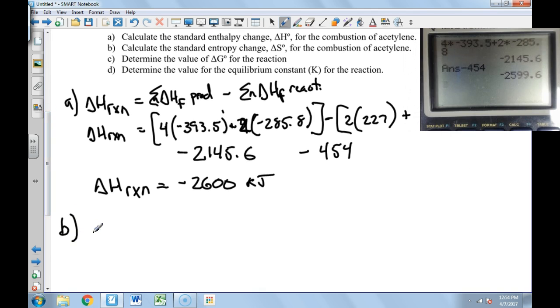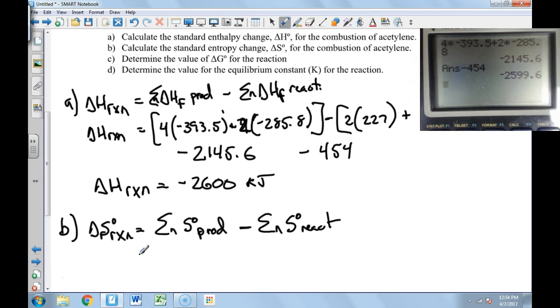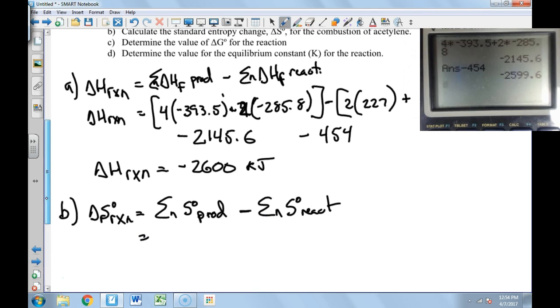Okay, so now we're going to do the same thing with delta S. So the delta S of the reaction equals the number of moles times the standard entropy of the products minus the number of moles times the standard entropy of the reactants. And we merely plug this in.